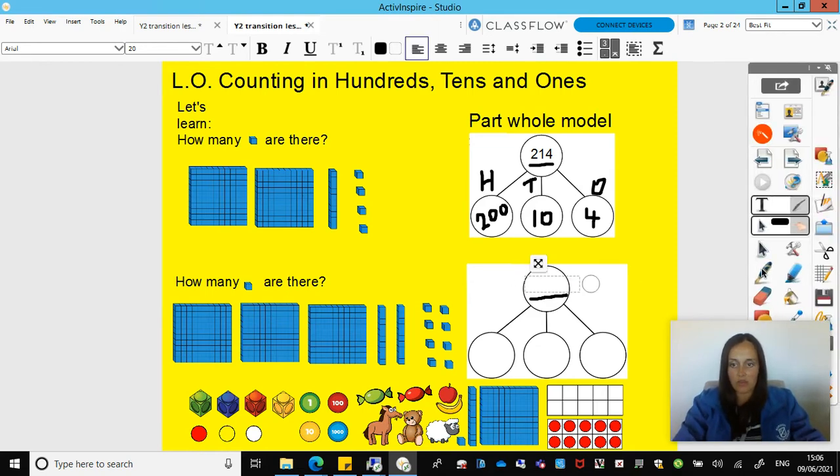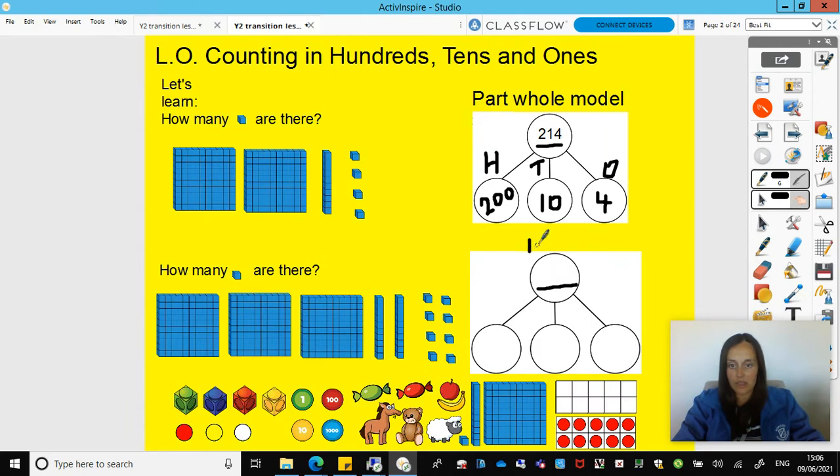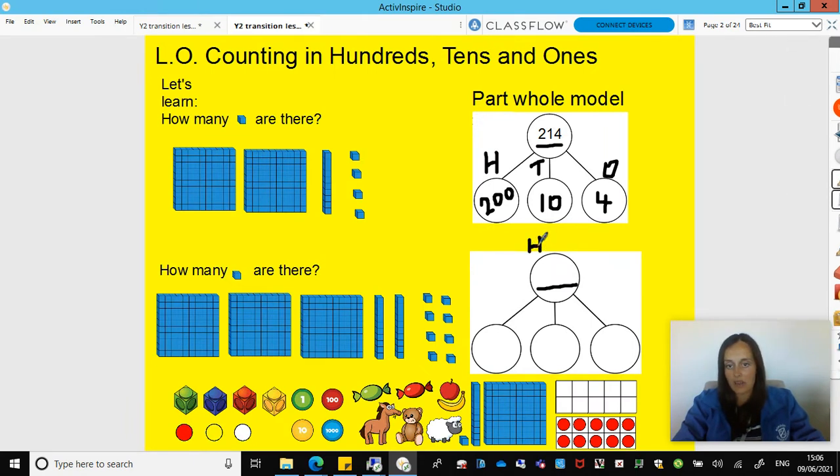Okay, that's why it's really important that we put the numbers in the correct place value column. So we've got our hundreds, we've got our tens, and we've got our ones. So we've got 300, we've got 2 tens, and we've got 8 ones. So our total number is 328.